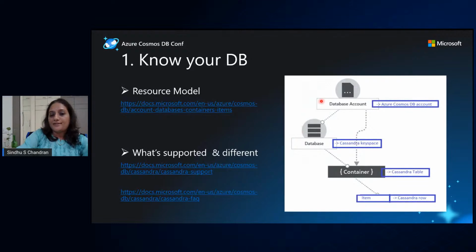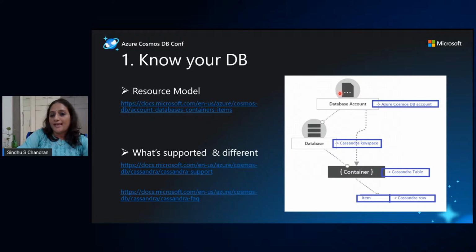So the first important item that you need to be aware of is the resource model. This is the mapping to Cassandra for your Azure Cosmos DB. You have the database account, or the Azure Cosmos DB account, created based on the flavor of Cosmos DB that you are using.